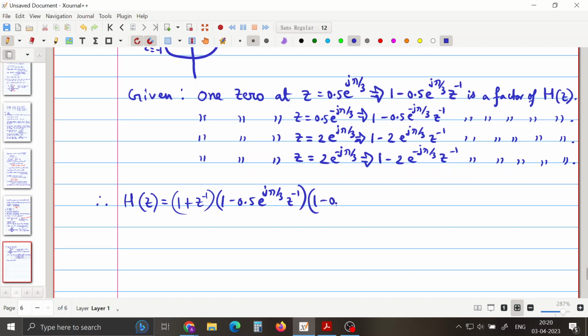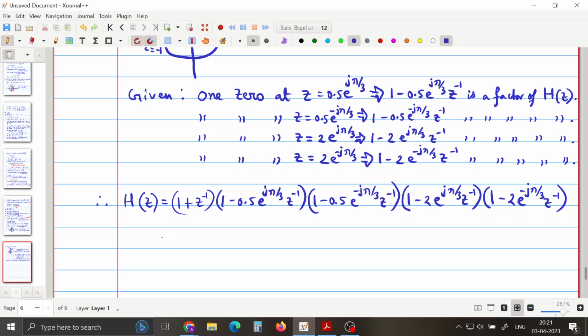Third factor is this. Fourth factor is 1 minus 2 e power j pi by 3 z inverse, and fifth factor is this. I think this is fine.